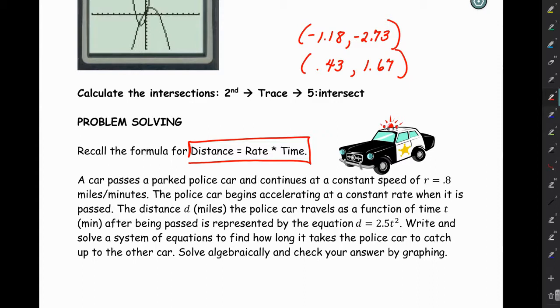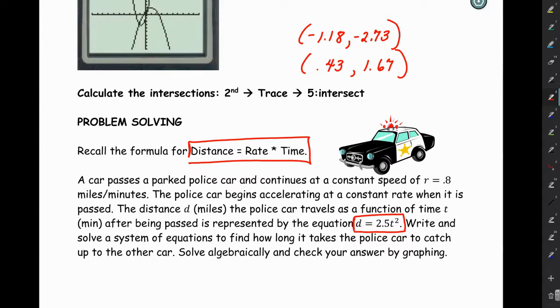The distance in miles the police car travels as a function of time in minutes after being passed is represented by the equation d equals 2.5 t squared. Write and solve a system of equations to find how long it takes the police car to catch up to the other car. We're going to solve it algebraically, and then we'll check our answer via graphing.